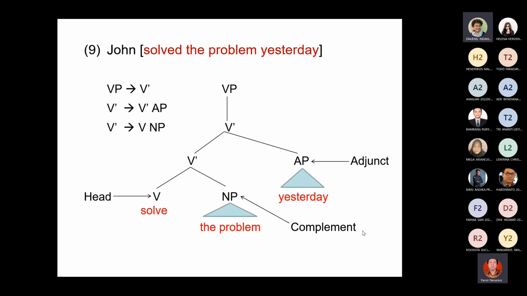Can I ask? I think I'm slow on this, but why can't we go from VP to the two branches, V bar and AP? Why do we have to go through V bar first and then two branches to V bar and AP?